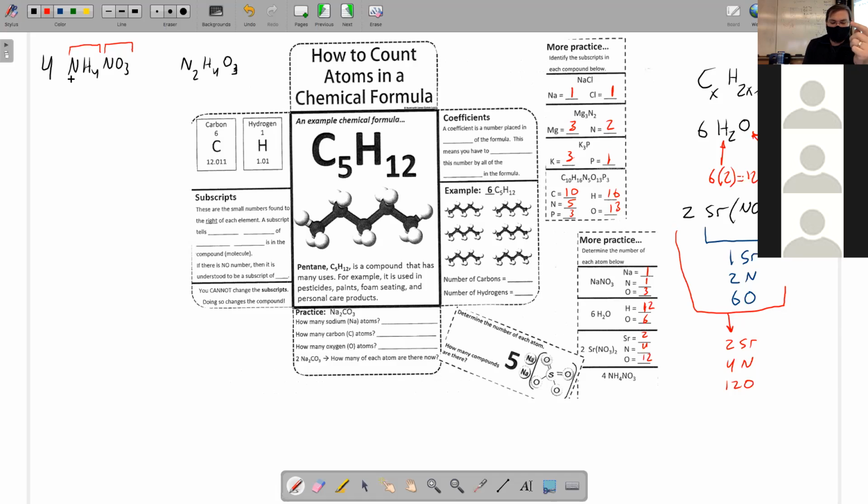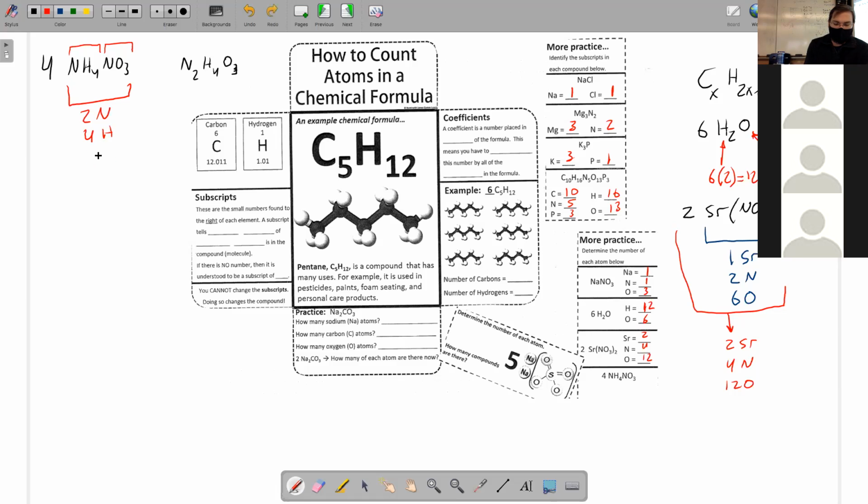But the thing to know here is, when you're making a list of the numbers of atoms, just repeating again, in the compound there's a nitrogen here and a nitrogen here, so that's 2 nitrogens. There's 4 hydrogens, and then there's 3 oxygens.